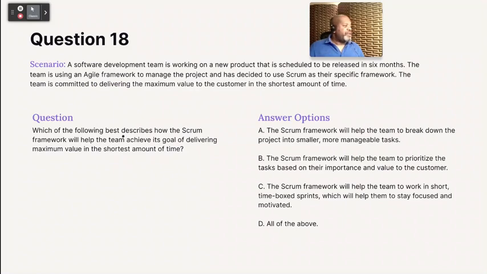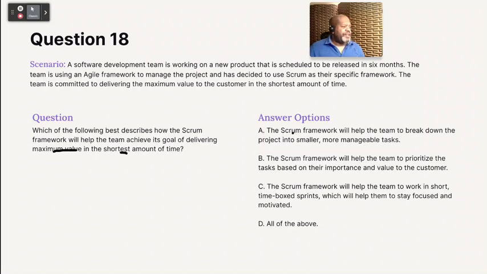Which of the following best describes how the Scrum framework will help the team achieve its goal of delivering maximum value in the shortest amount of time? Again, I don't even know if I need to read the scenario. Let's see what we have here.